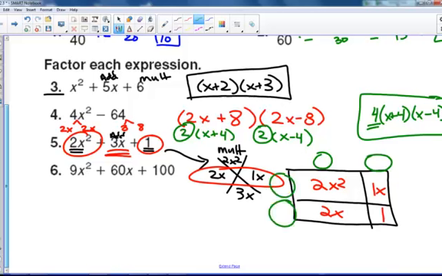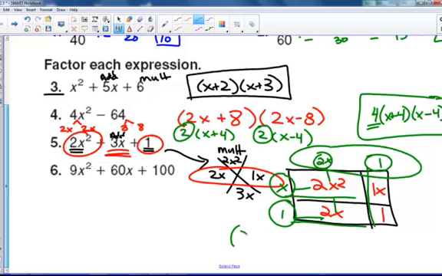And then I need to figure out my external side length. So this would have to be 2x, which means this would have to be 1. This would have to be x. This would have to be 1. And that all works out. So my factored form is 2x plus 1 and x plus 1.